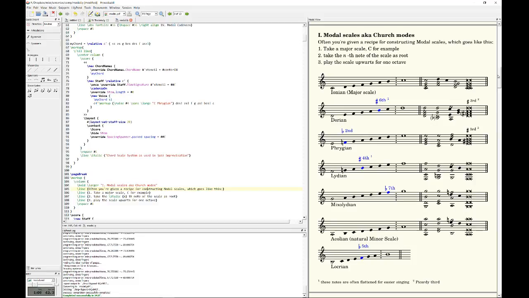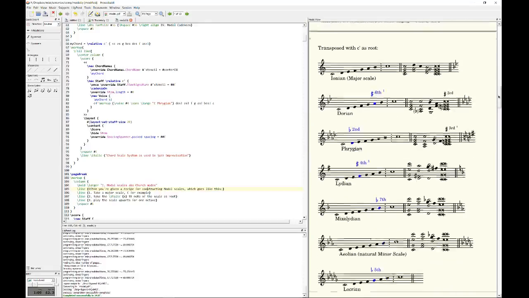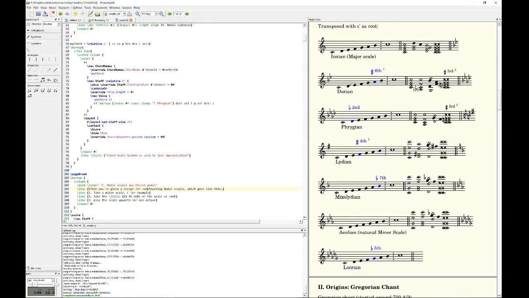Okay, and if you were to translate all these scales to C, so that you have C as the root of every scale, you just follow the recipe. For Dorian, you have to find a major scale where C is the second step. For Phrygian, you have to find a major scale where C is the third step, and so on. So I'm just gonna skip through these really fast and have a listen. Oh, wait, I have to choose a different MIDI for that.